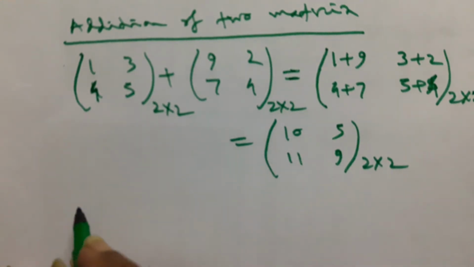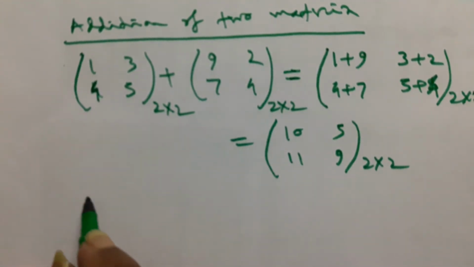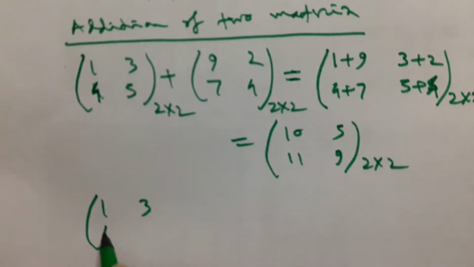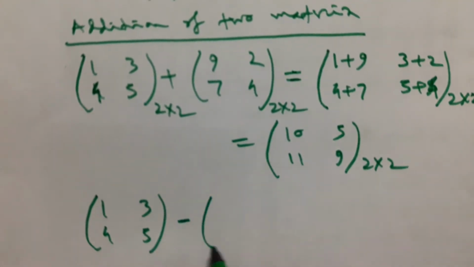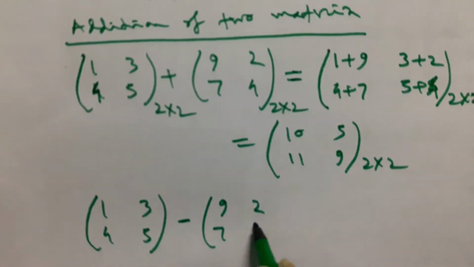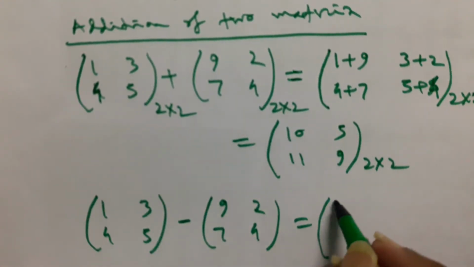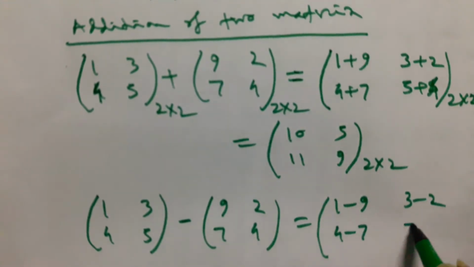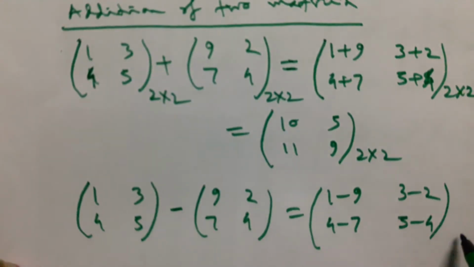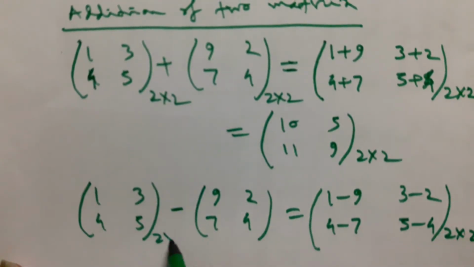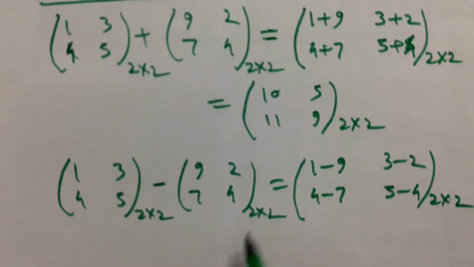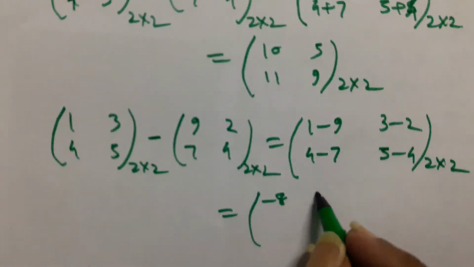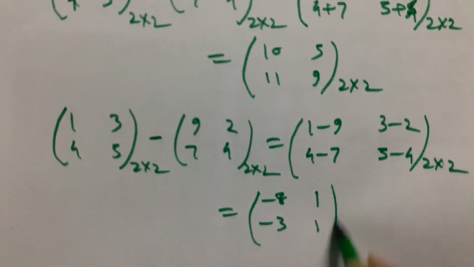Now similarly, subtraction follows the same process. If we take 1, 3, 4, 5 minus 9, 2, 7, 4, with the same method: 1 minus 9, 3 minus 2, 4 minus 7 and 5 minus 4. It will also be of order 2 by 2, and we will get minus 8, 1, minus 3 and 1.